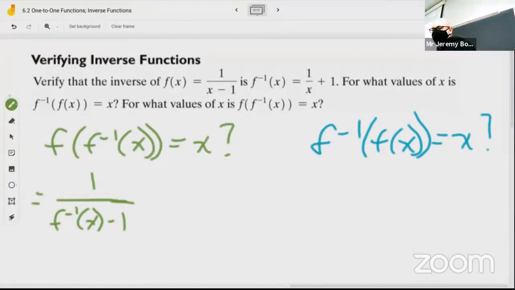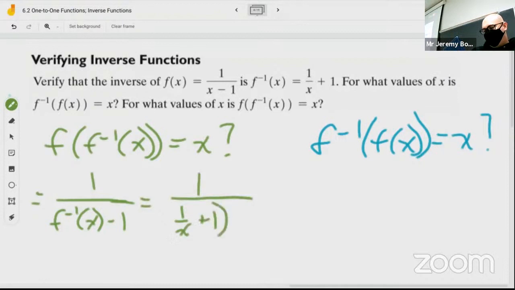And we know what f inverse is. It's 1 over x plus 1. At least that's what we think it is. We're going to see. So let's substitute that in. We'll have 1 over 1 over x plus 1, let's group that for right now, minus 1. Just to group it so we can see where that substitution's happening. It's not super necessary in this case.